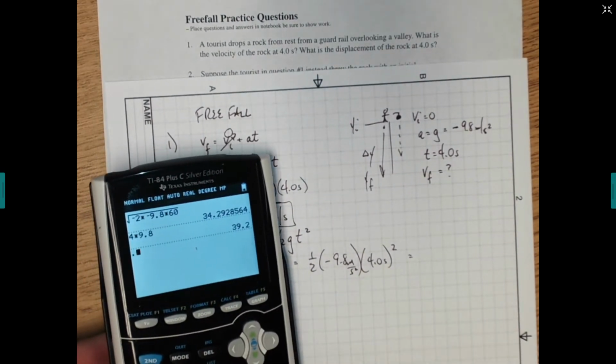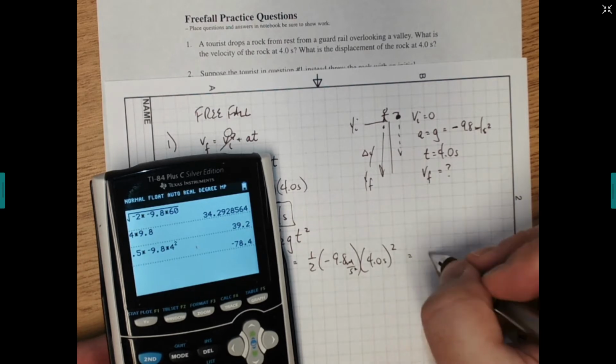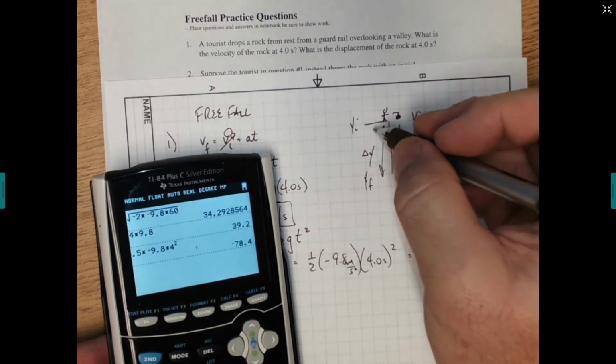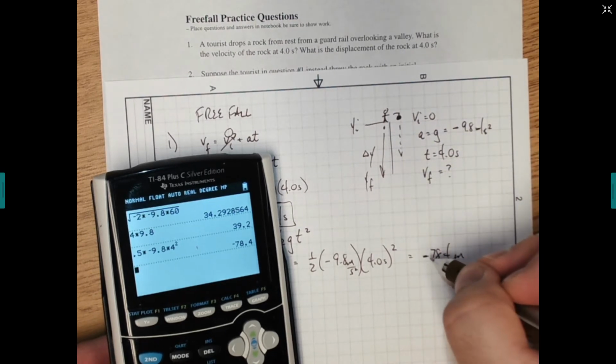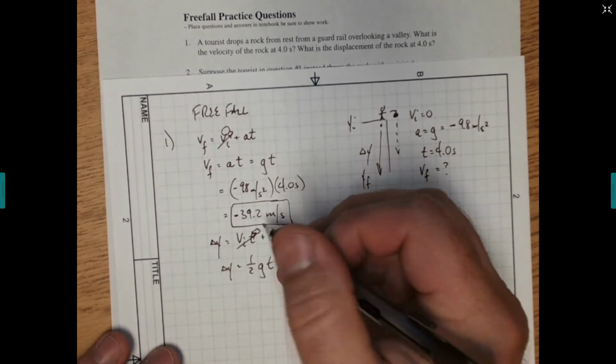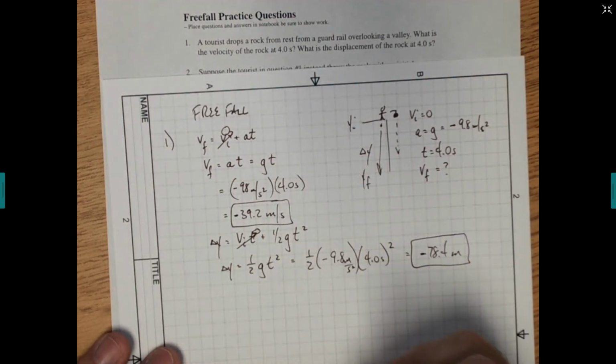So we have 0.5 times negative 9.8 times 4 squared, and we get negative 78.4 meters. So that's the distance I've traveled, and it's negative, which is perfect because I went down. And there we go, there's number 1.